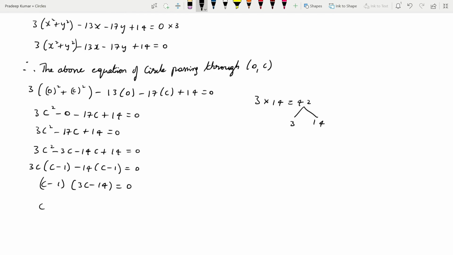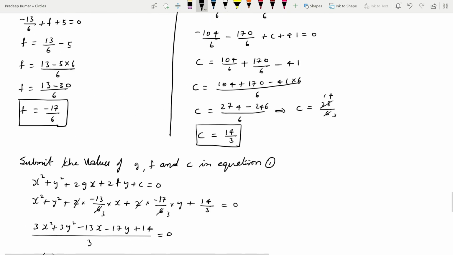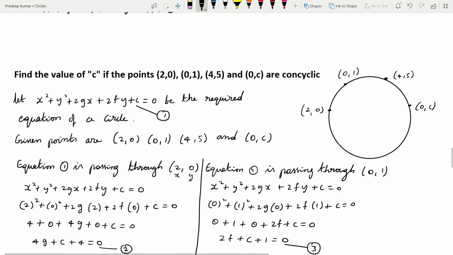So this becomes c minus 1 equal to 0 separately, and 3c minus 14 equal to 0 separately. If I send this 1 to the other side, c equal to 1, and this is c equal to 14 by 3. So we are getting c equal to 1 and c equal to 14 by 3. We can't take c equal to 14 by 3 as per the given points, if you see the question.